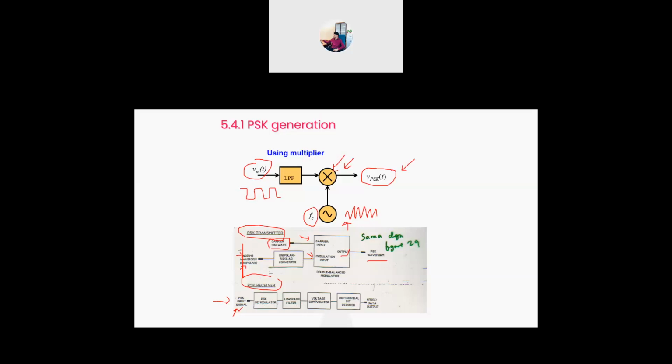Then it goes to the voltage comparator, which compares the positive and negative. Then it goes to the differential bit decoder, and then you have the NRZ-L data output. So this one is finally your VMT, your information signal, processed until it is received.